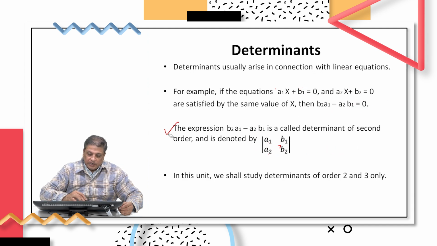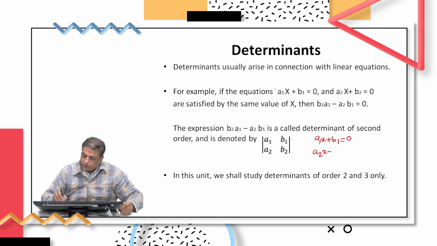We have two equations, A1x plus B1 equal to 0 and A2x plus B2 equal to 0. If we write the coefficients, in the first equation A1 is there, then B1, then A2, then B2.